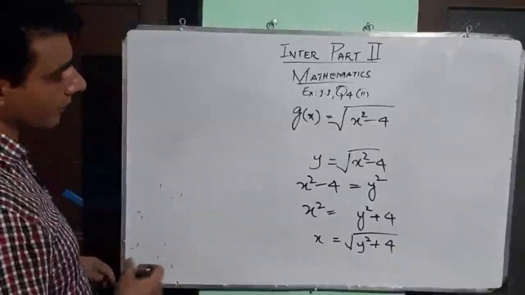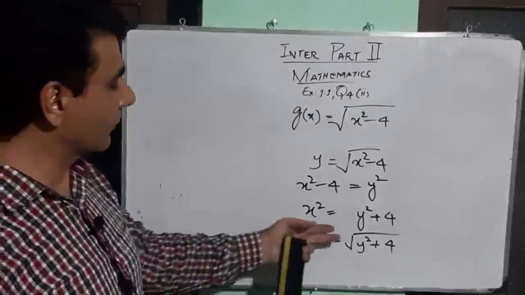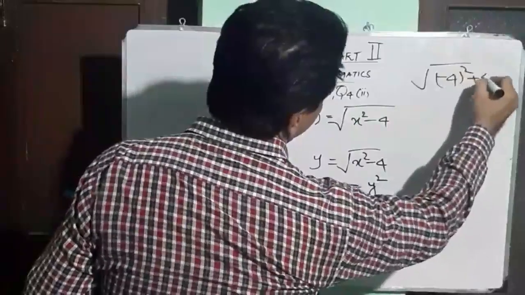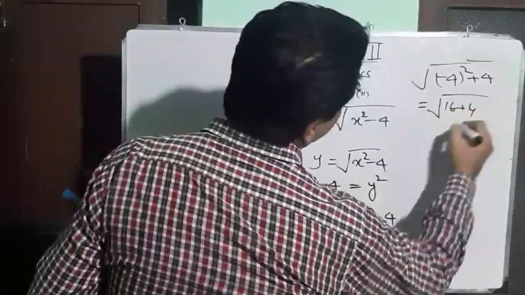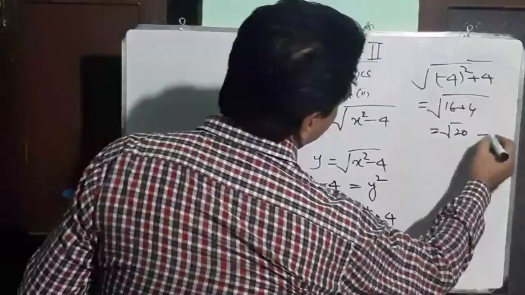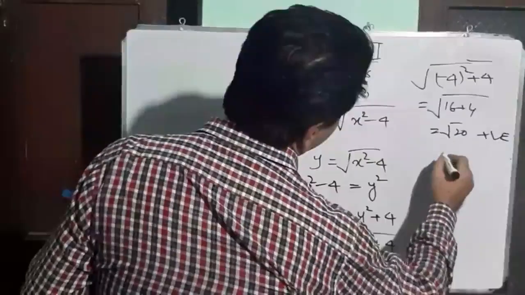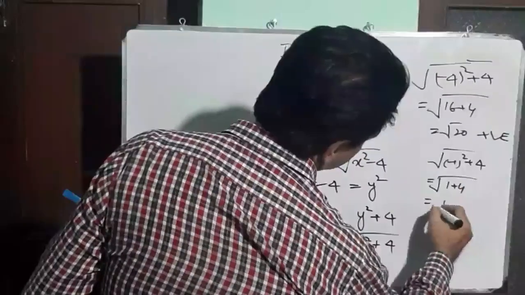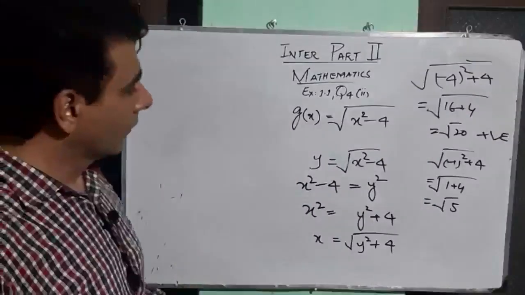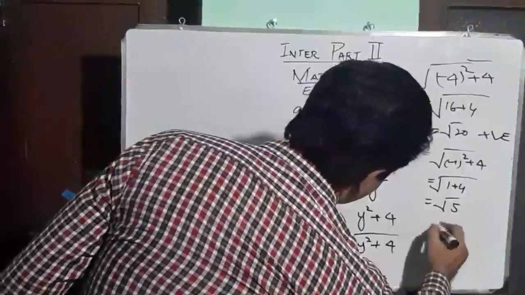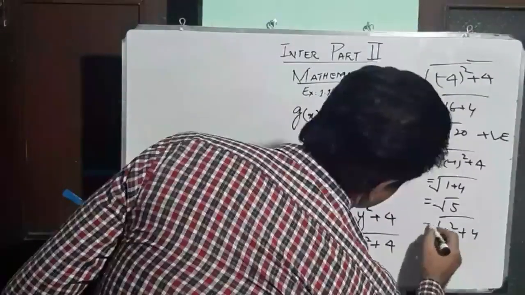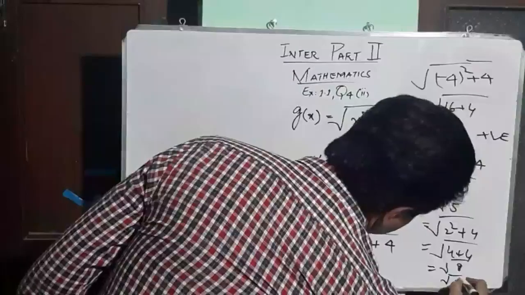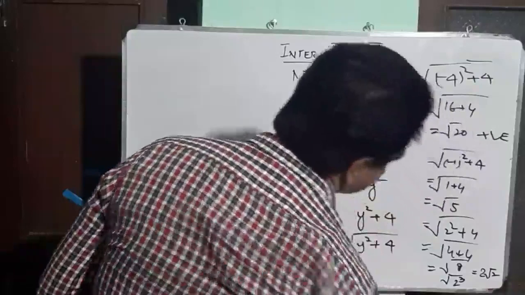Now we put some values, any values, suppose minus 4, a positive value, minus 1 squared, now we put a positive value, so these are all positive.